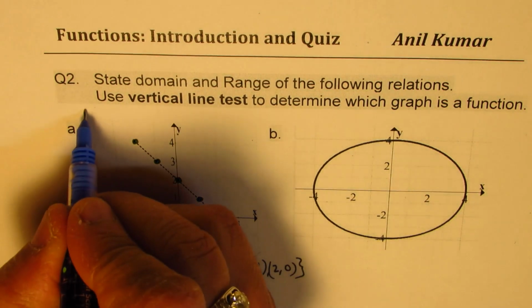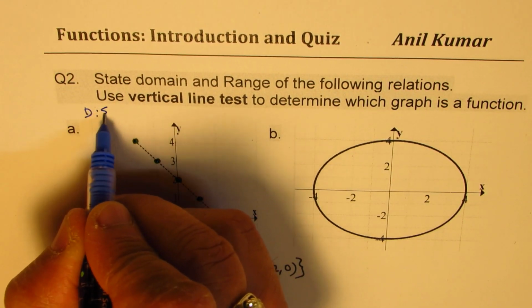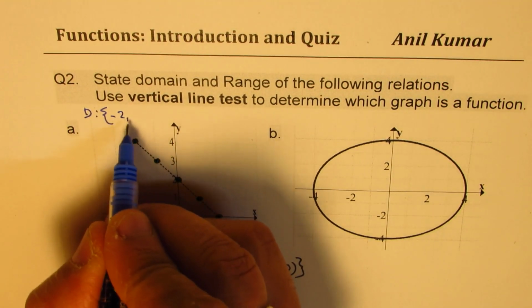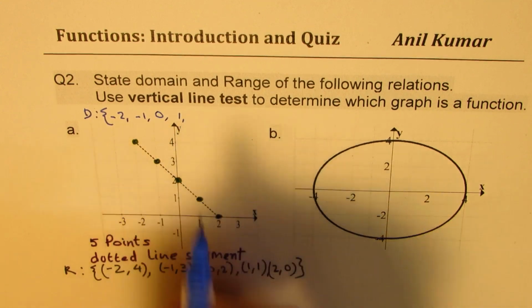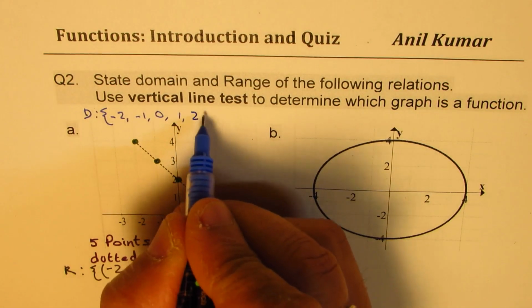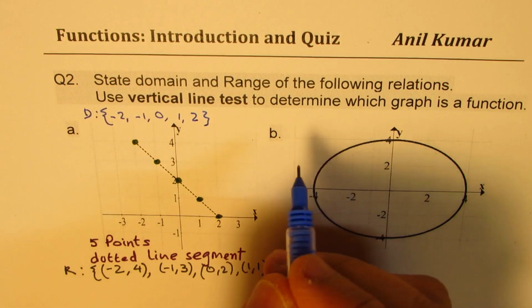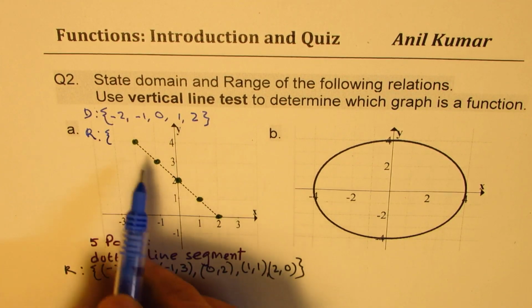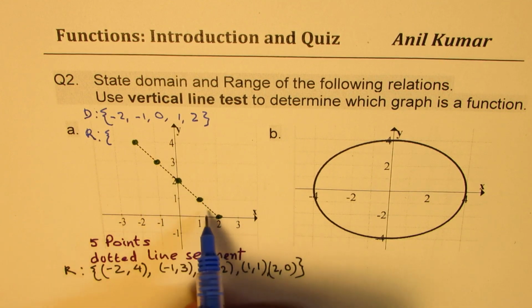As far as the domain is concerned for this particular graph, the domain is always the x values. So it is -2, -1, 0, 1, and 2. As far as the range is concerned, let me write range R here, it is the y values, which are 4, 3, 2, 1, and 0.